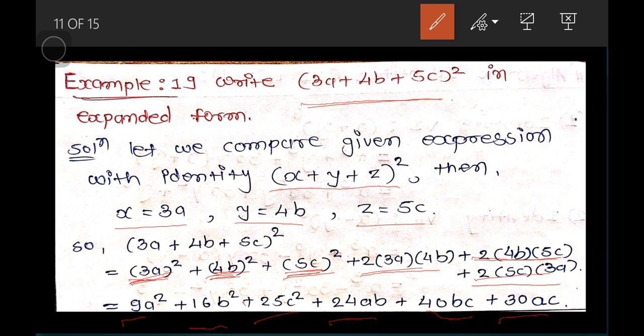So now you can see that we have expanded the given expression with the help of identity 5, that is x plus y plus z all square.